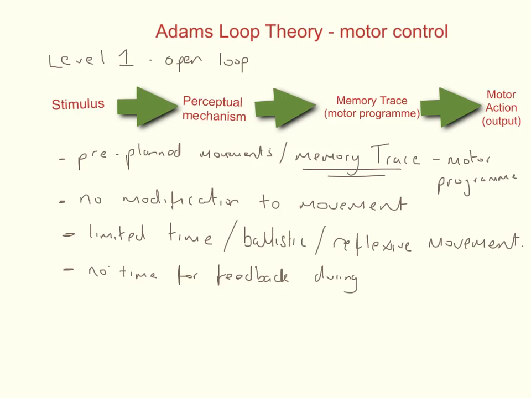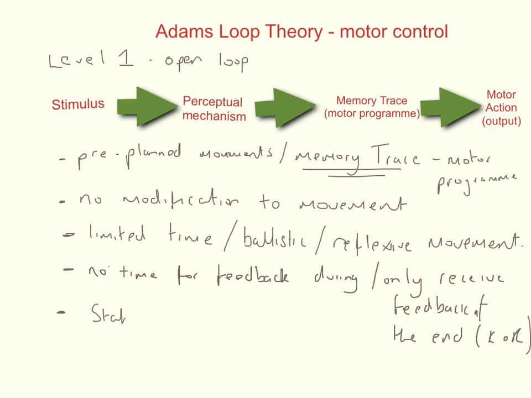We only receive feedback at the end of the movement, and that is usually in the form of knowledge of results. And these movements are usually carried out in a stable or predictable environment.